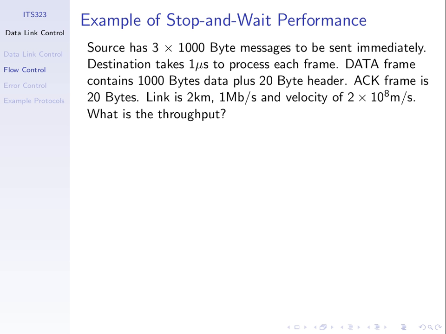B is receiving a data frame every 8341 microseconds. Even if we extended this to not just 3 frames, but 3 million frames, B would be receiving a frame every 8341 microseconds.